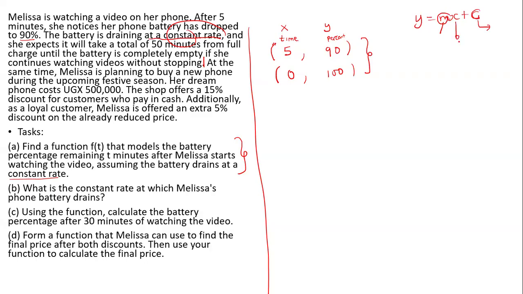Then your x is the time. So your function here of y is going to be our function. So we are going to have f of t is equal to m times the time plus c. First, let me know whether that equation I've put down is okay.